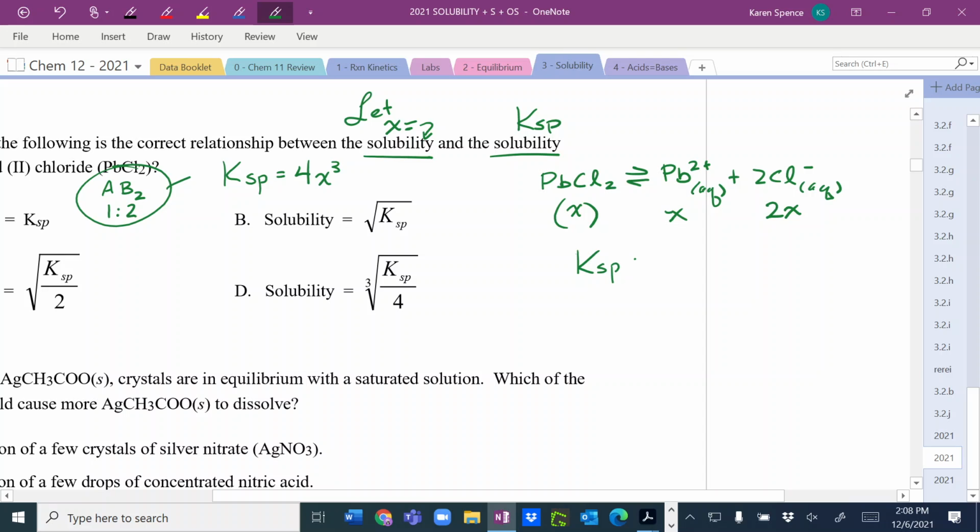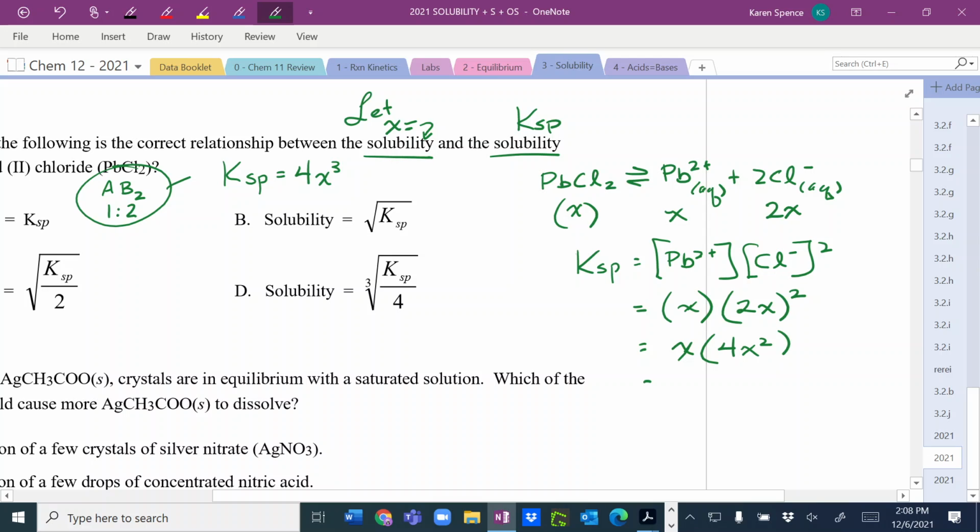Ksp then is lead 2+ times chloride squared, which then gives us X times 2X all squared, which gives us X times 2 squared is 4, X squared is X squared, and that gives us 4X cubed.